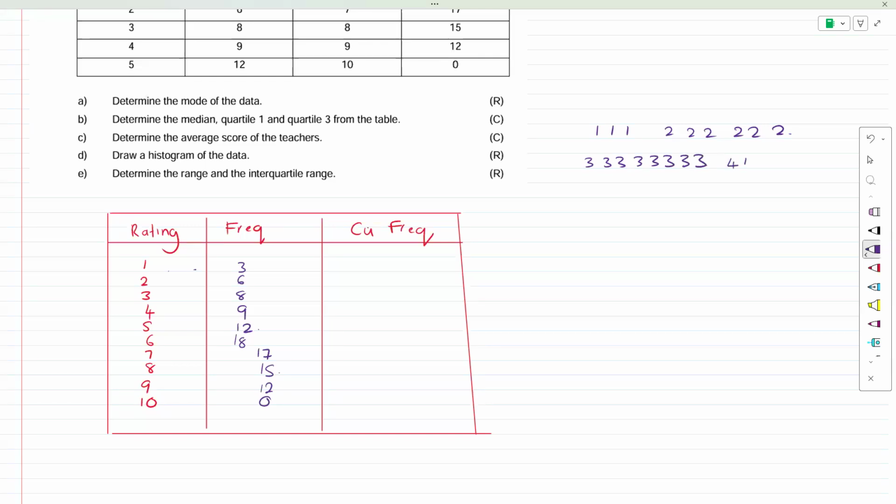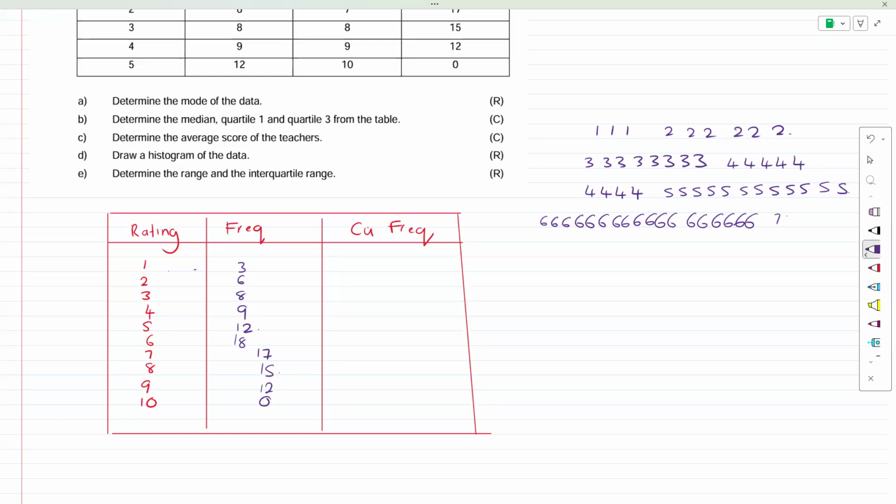There's 9 fours. There's 12 fives. There's 18 sixes.